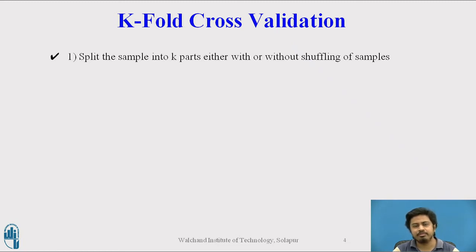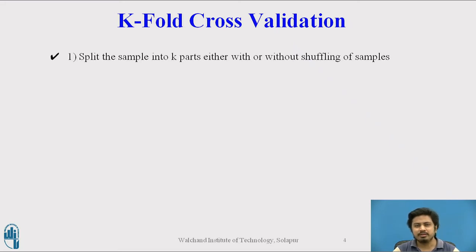Here I am referring to them as parts; you may also call it K fold. A fold directly represents a part. To be more meaningful in expressing the meaning of K fold, I am using the word parts. So a sample data set is split into K parts.